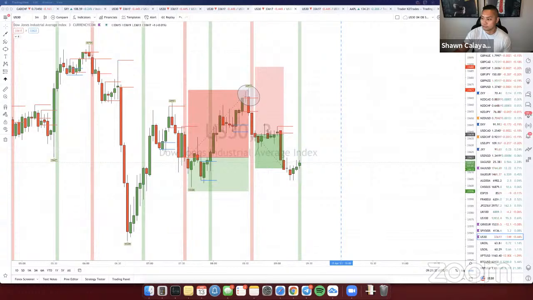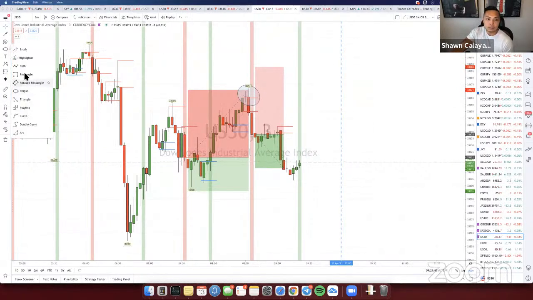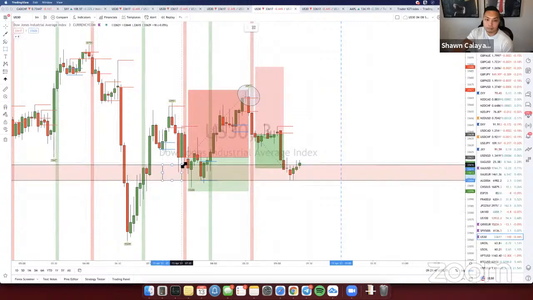Yeah, I can see that CT. I'm trying to figure out, so CT over here drew a block right there.